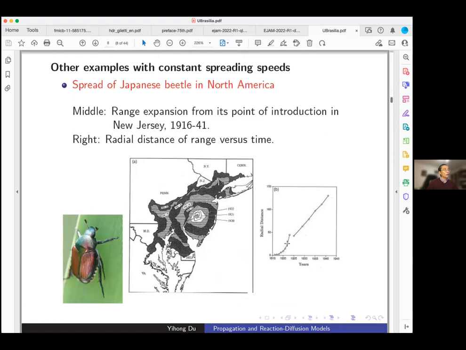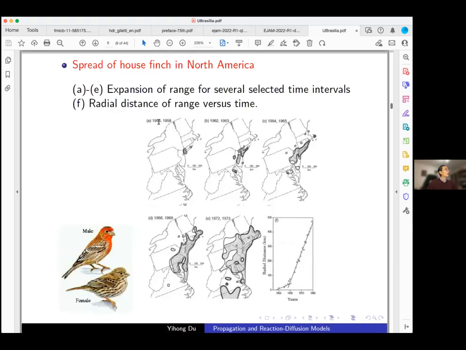So not at the very beginning, but eventually the growth curve of the range radius is linear in time. And the spreading of the house finch in North America followed a similar rule. So all these support the theory that spreading has a constant speed.